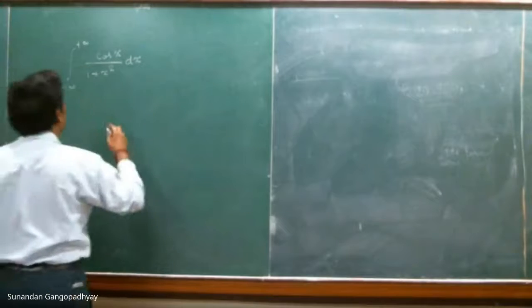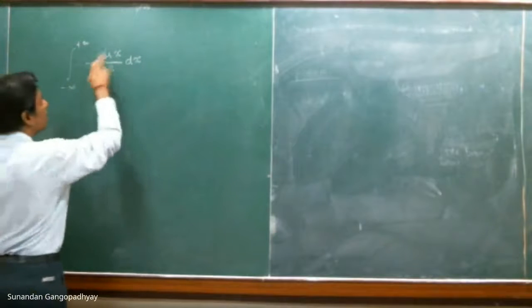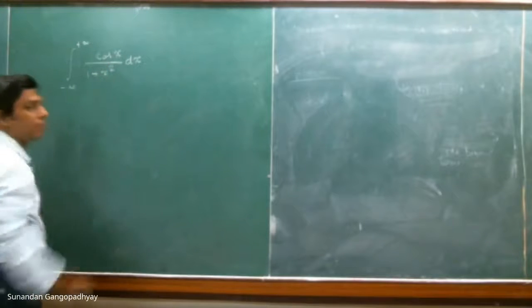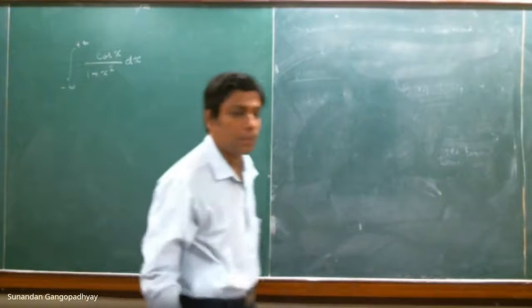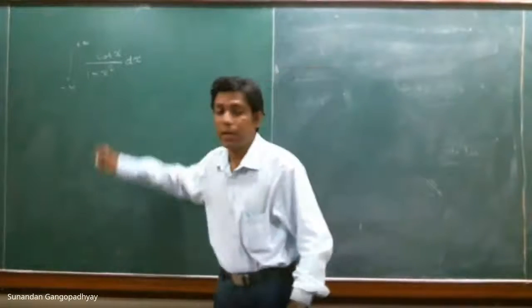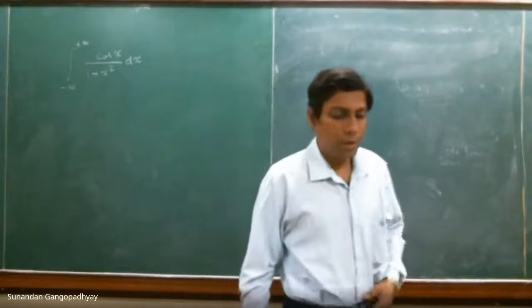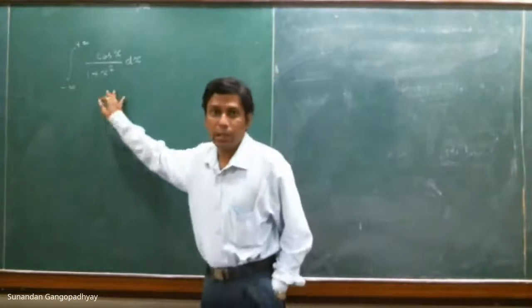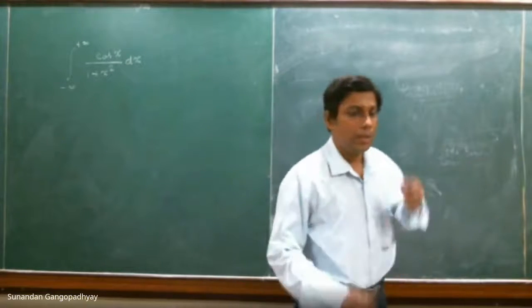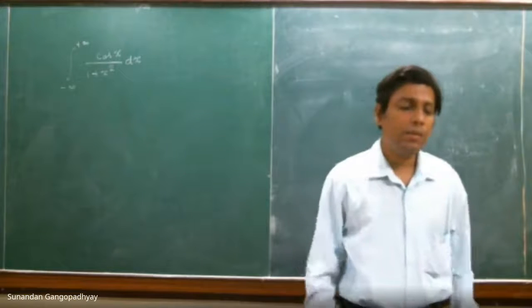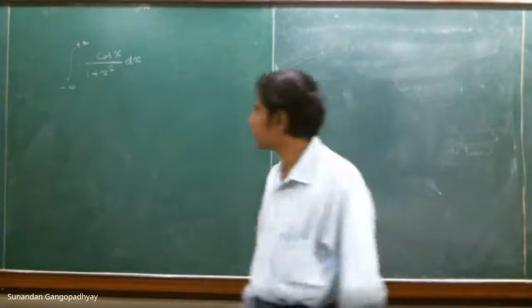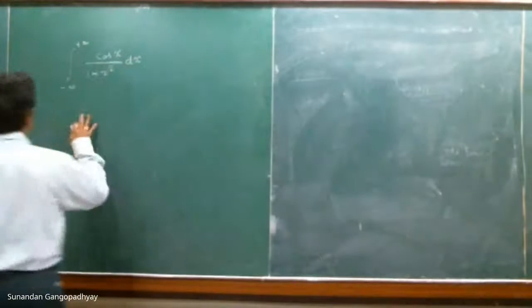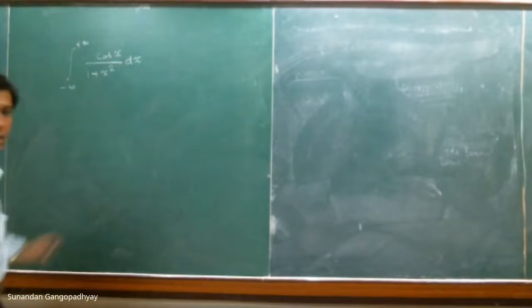And suppose we also want to calculate the integral of sin x by 1 plus x square. So these are called improper integrals, right? You must have encountered these integrals earlier. These are called improper integrals because the limits of integration are from minus infinity to plus infinity.